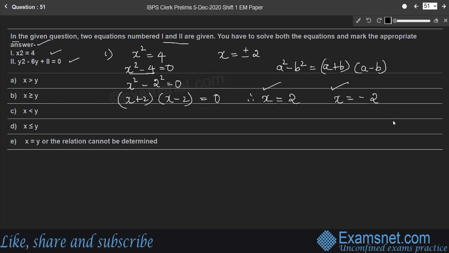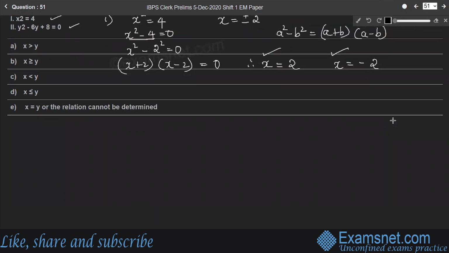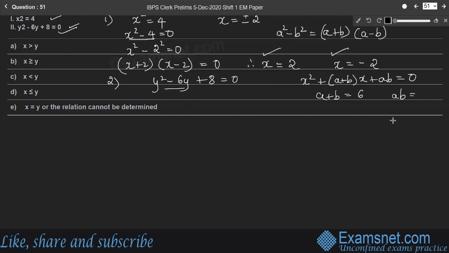Next, equation number 2, y square minus 6y plus 8 is equal to 0. Here, this equation is in the form of x square plus a plus b into x plus ab is equal to 0. Right? Where a plus b is equal to minus 6 and ab is plus 8.